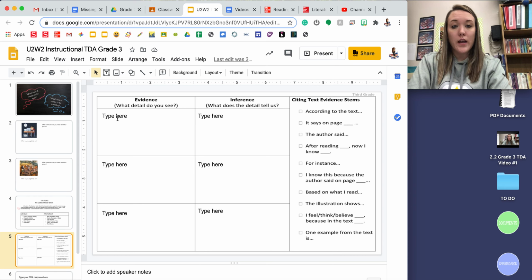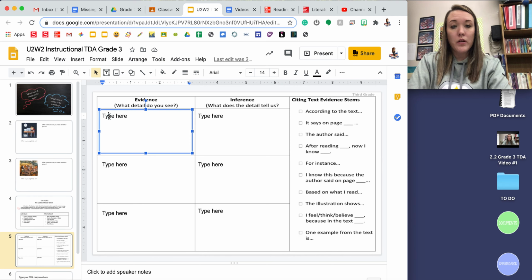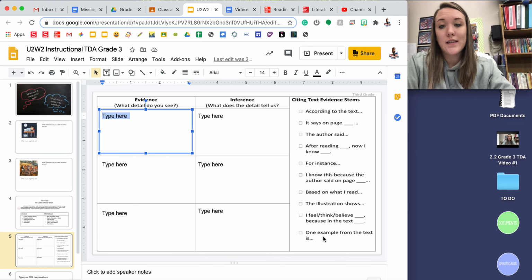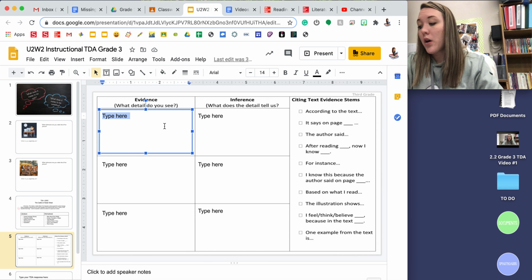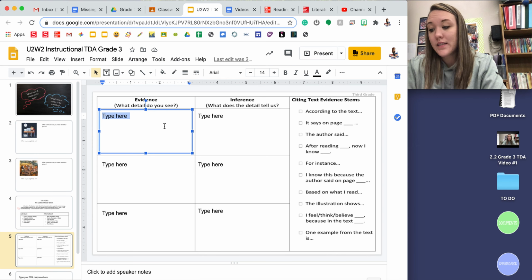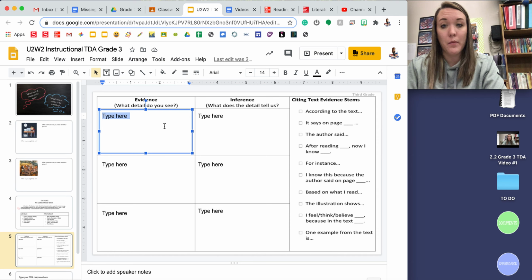I'm going to start in this first evidence box. And if you notice on the side over here, it gives me a bunch of sentence stems. So I'm going to use these stems to start out my sentences for my evidence. So my first piece of evidence I'm going to use is when it said in the story that he had to work 6 days a week and 14 hours a day to provide for his family.